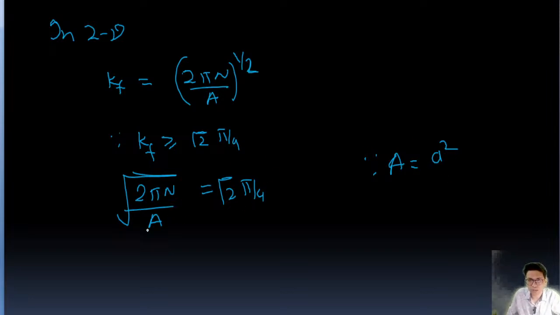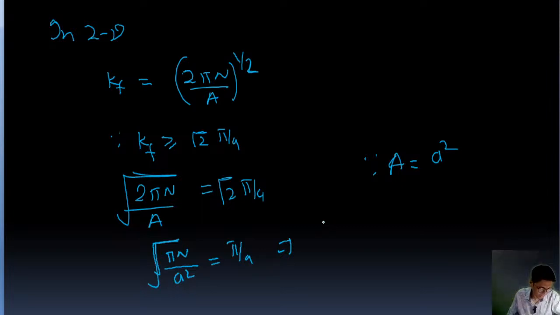So this is root 2 π n, where n is the number of electrons. Root 2 got cancelled. So this is root(πn)/a² equal to π/a. So a will also get cancelled, and π will also get cancelled by root π, right?